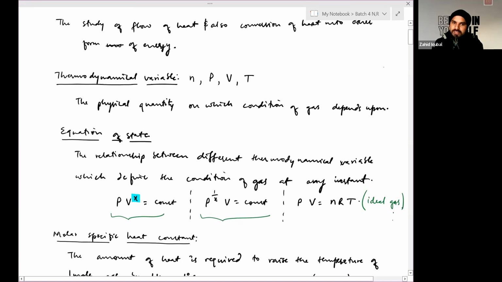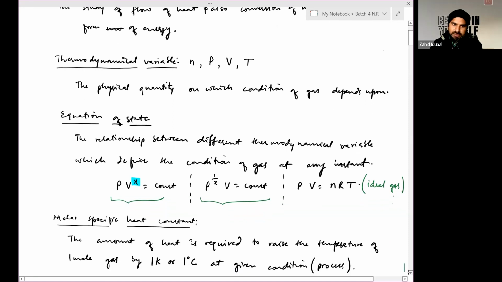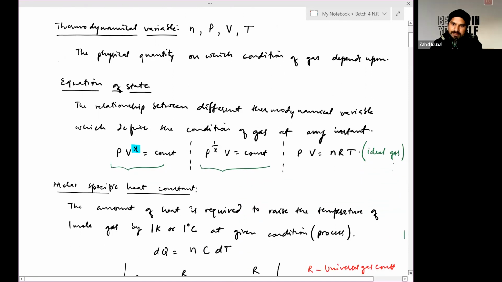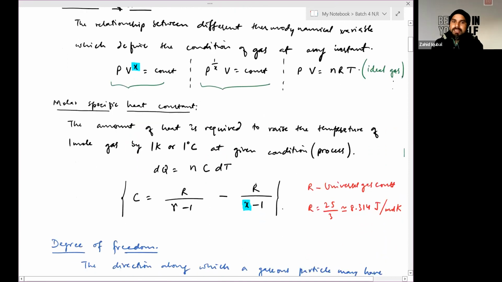So 1 over infinity will become 0. So P to the power 0 will become 1. So you're left with volume equals to constant. That's why x will be infinity in this case. So putting the value of x in this expression for generalized specific heat, which is R by gamma minus 1 minus R by x minus 1, if you put the value of x to be infinity, infinity minus 1 will be infinity, and 1 by infinity will be 0.